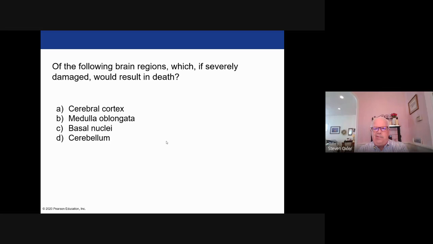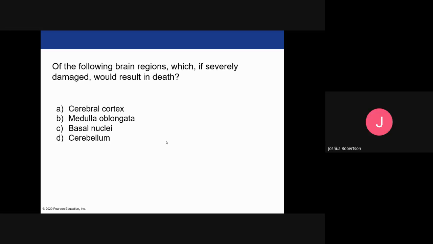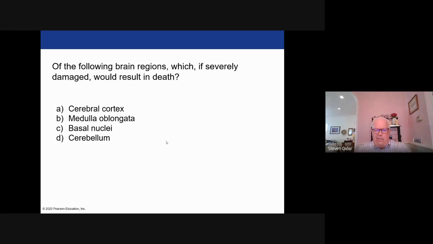You just won't be able to do much, but you can live with it. Medulla. The medulla controls involuntary function, heartbeat, blood pressure. Very important part of your brain. Okay?